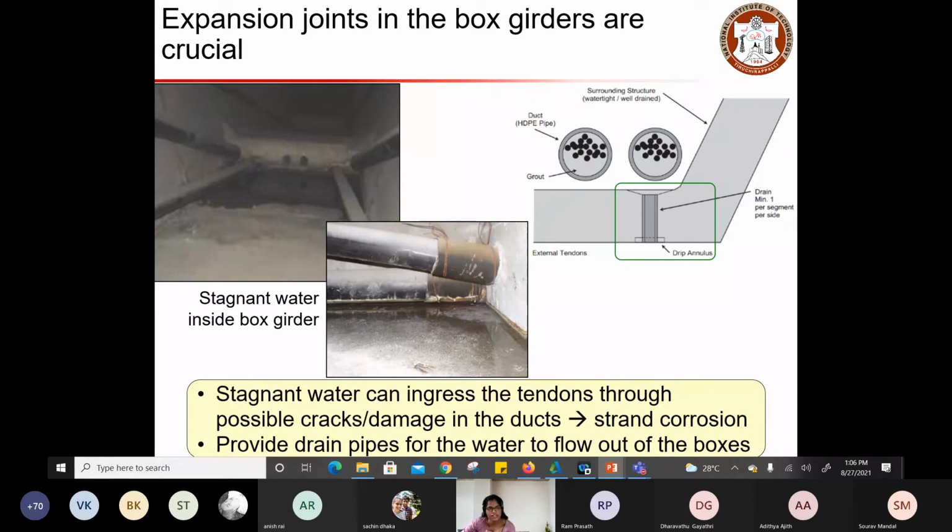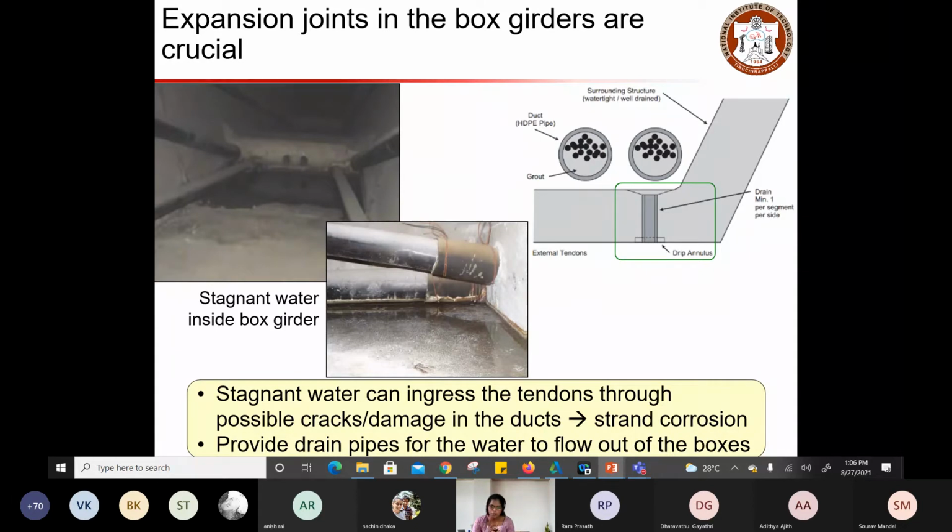And here is another example which talks about the box girder, where the expansion joints that you provide become crucial. So why do we provide expansion joints at the ends when we do segmental structures? You may experience expansion. The member can expand when it is exposed to atmospheric conditions.